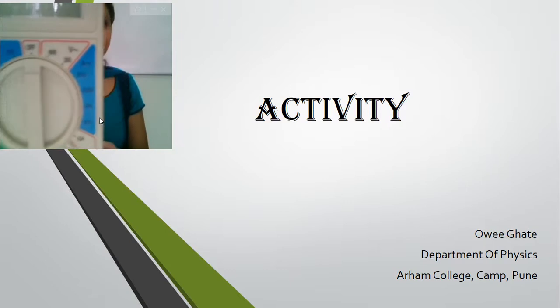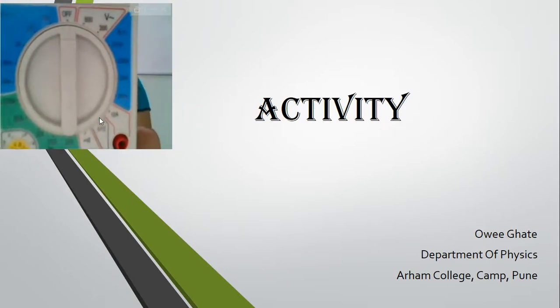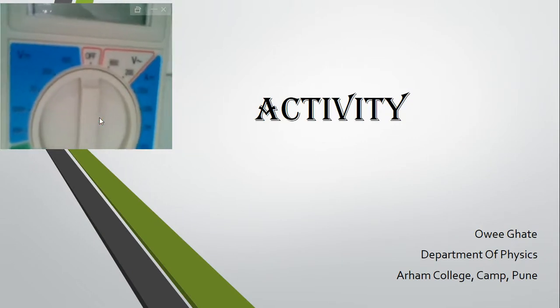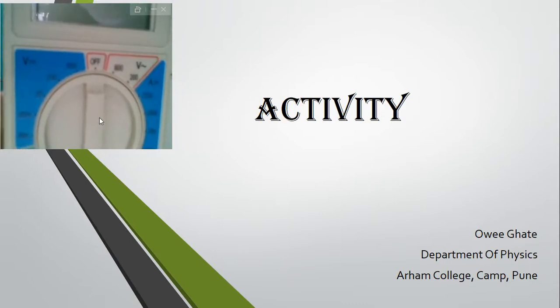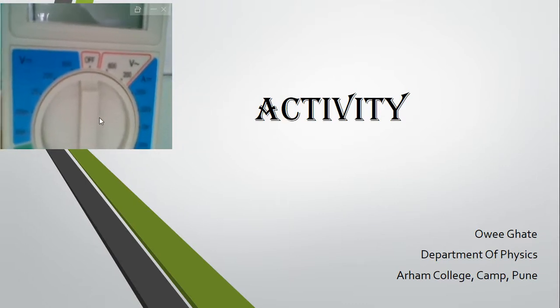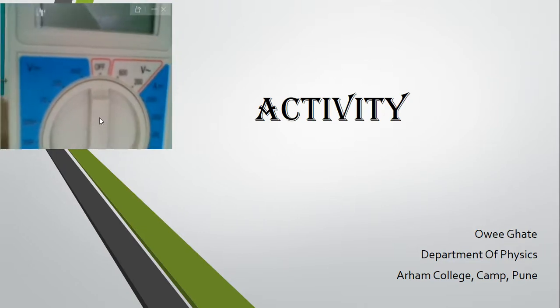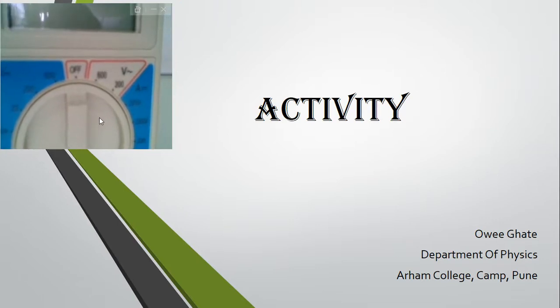As you can see, there are different colors, and voltage and current ranges are given over here. This V is shown in blue color. That means on this scale we can measure the DC voltage up to 500 volt.